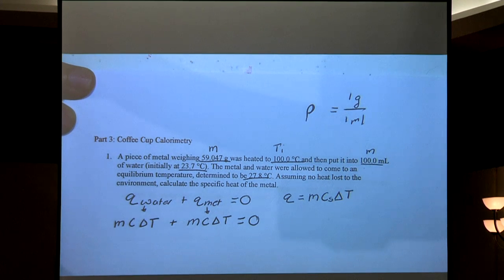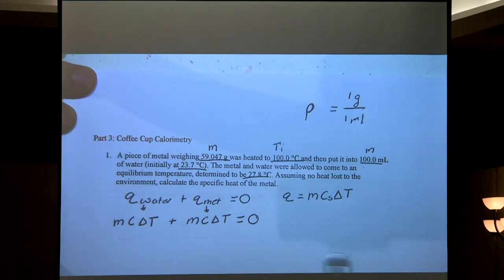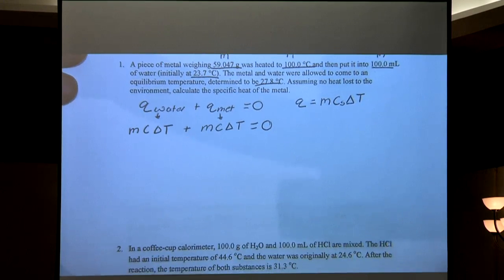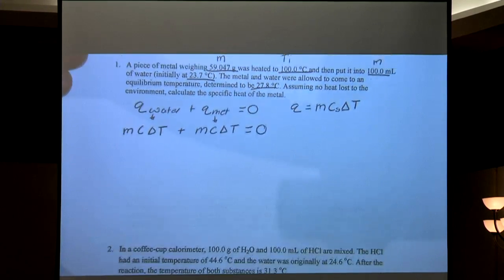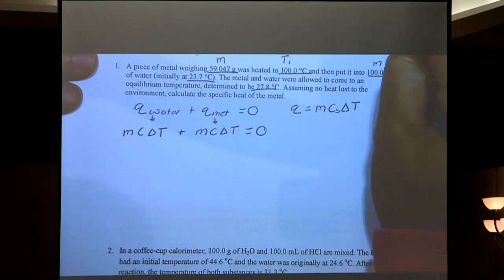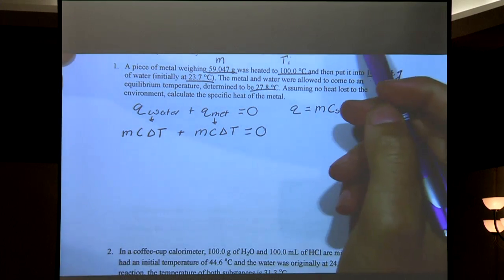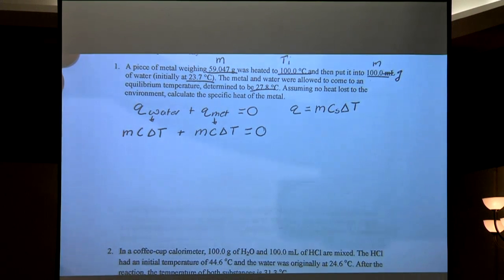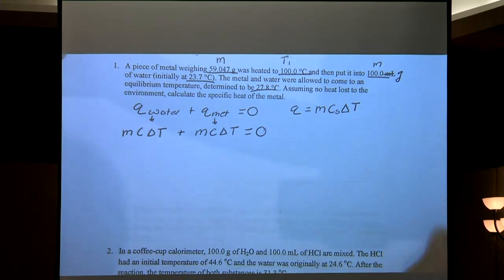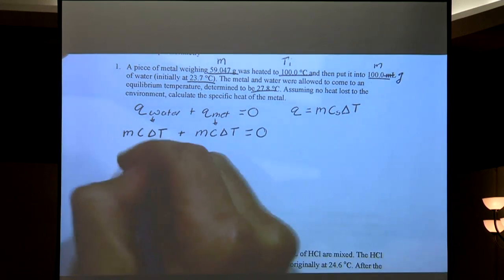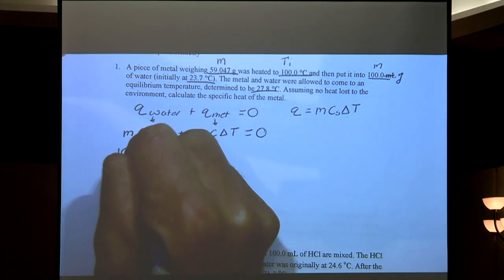It kind of looks like a weird P. So we have 100 grams of water. If this was 0.9 grams per 1 milliliter, that is different, but not for water. So my M for water is 100 grams.